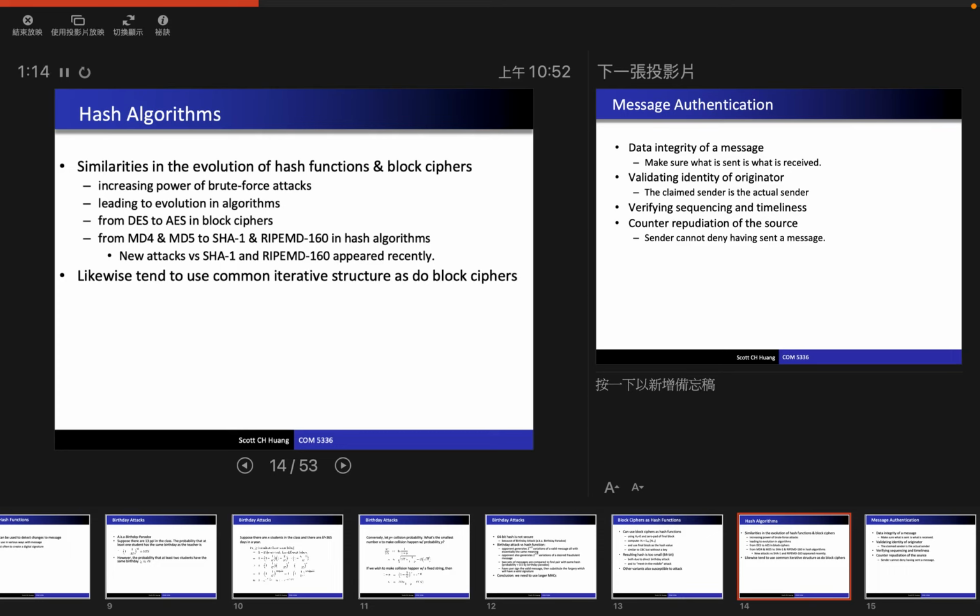Hash algorithms. The design of these hash algorithms is very similar to the design of encryption algorithms. But there are some differences. First, we don't need to have a key. And the other thing is we don't need to be able to reverse every step.